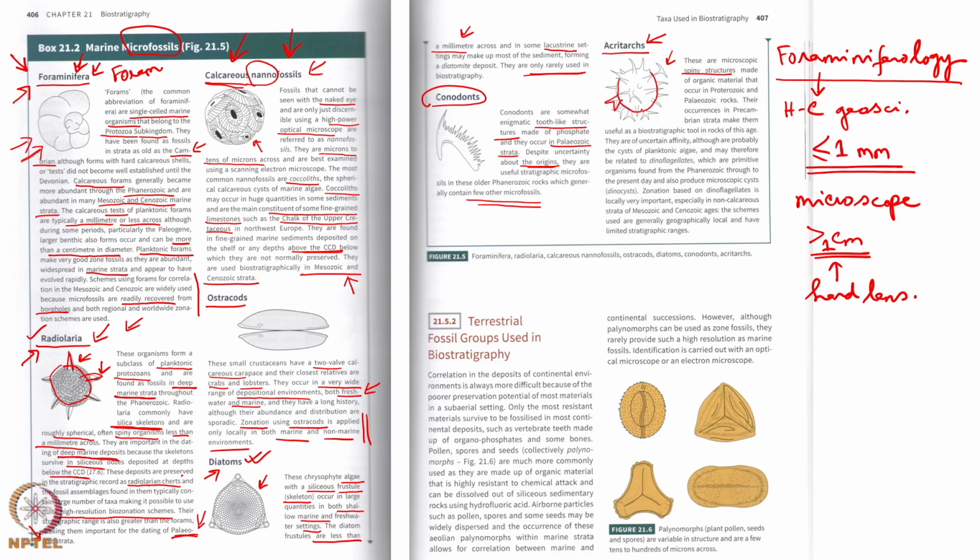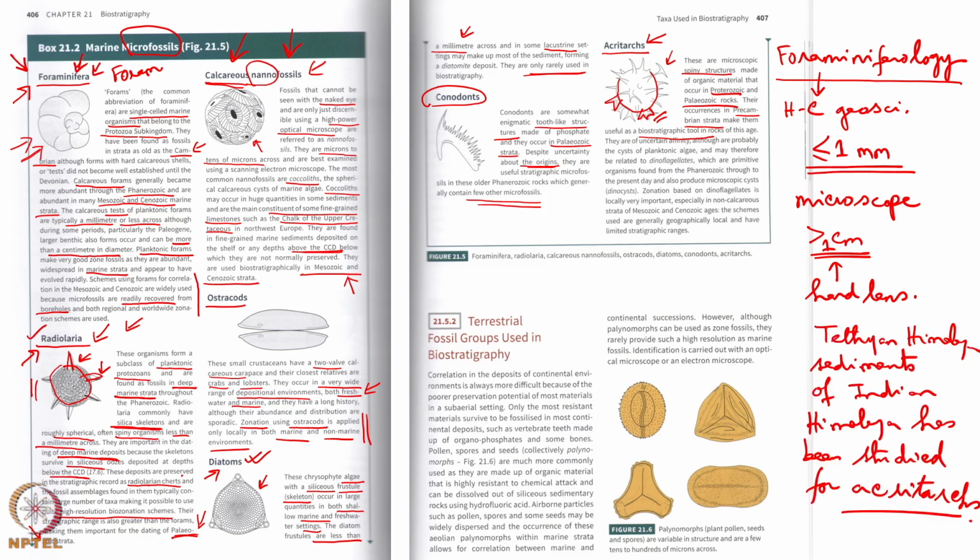One can easily see the kind of spine here and the kind of spine here are different. The acritarchs are found in the Proterozoic and in the Paleozoic rocks. Acritarchs have been used in the Precambrian strata for biostratigraphic purpose. Acritarchs have been used in the Tethyan sediments of Indian Himalaya.